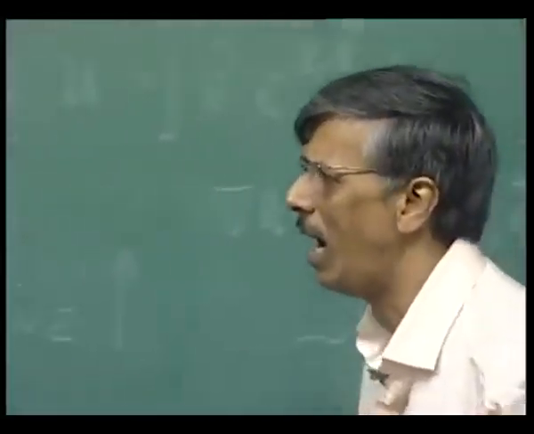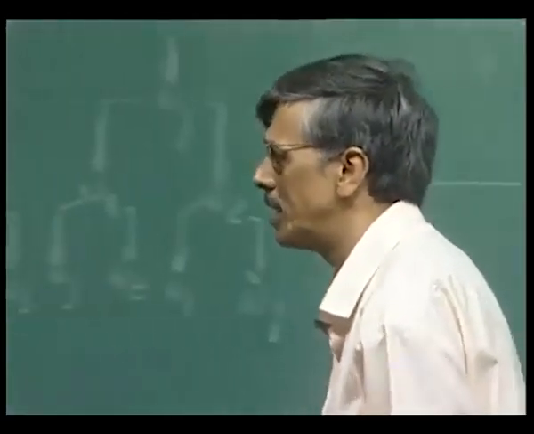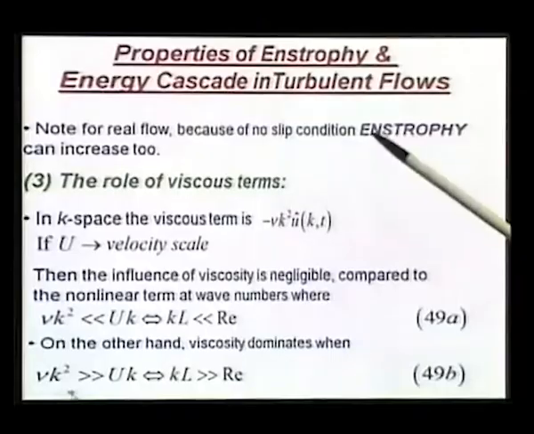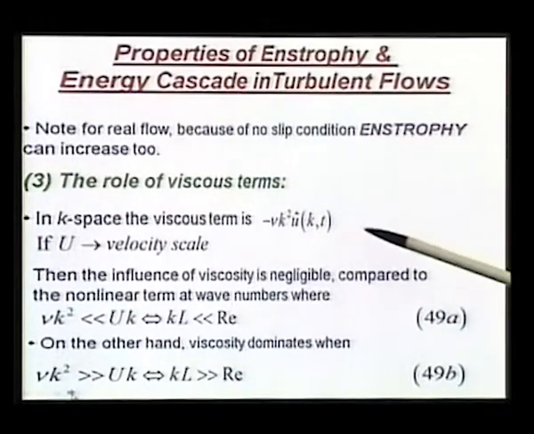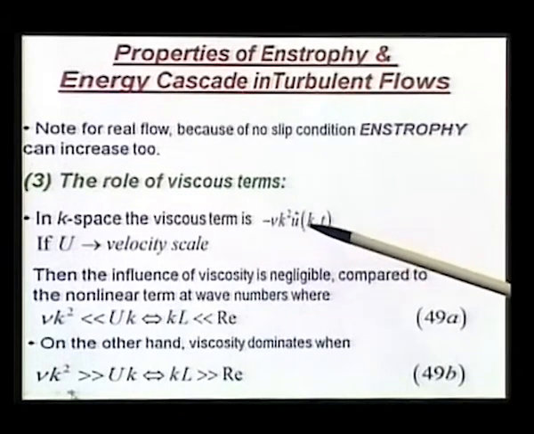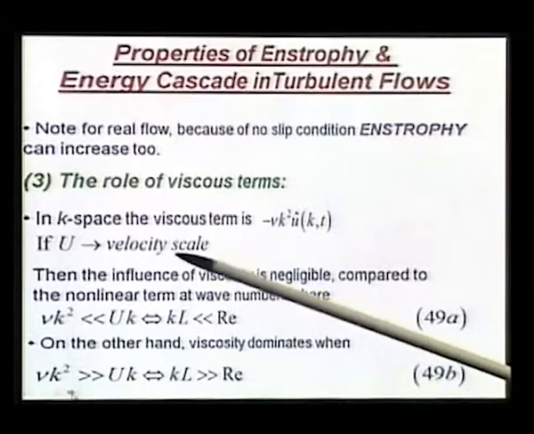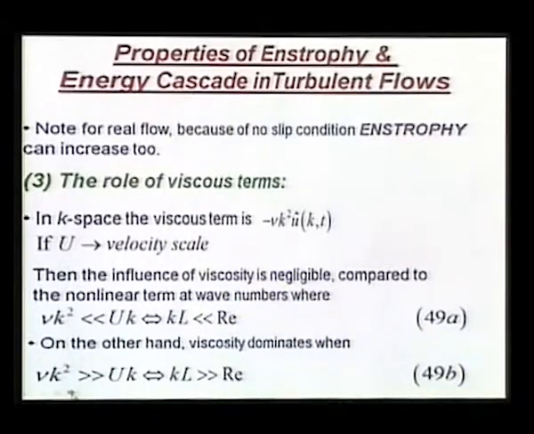Well, we have all of course noted that if we are looking at real flow, entropy increases. Okay. Now, if I look at the role of viscous terms in k space, the viscous term is like this, right. This is the second derivative of u. So, that will be minus nu k square u of k. So, if I am talking about u as a velocity scale, then I can say the viscous effects are negligible compared to the nonlinear term.